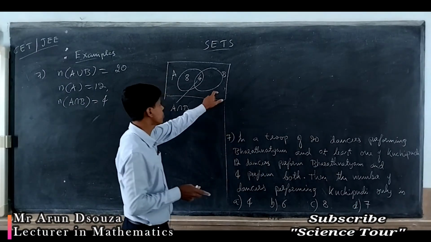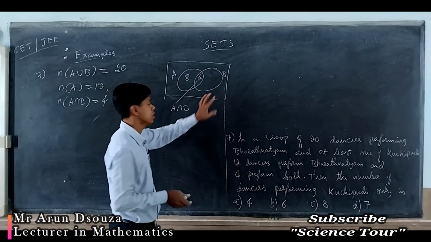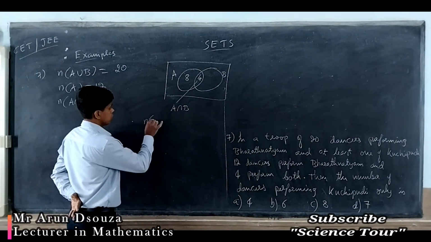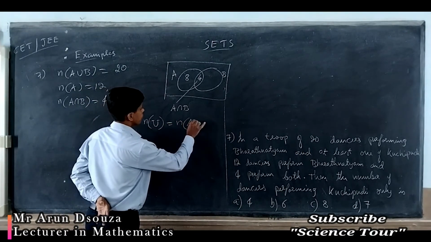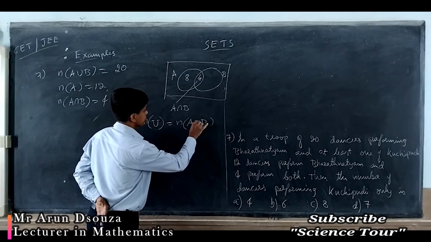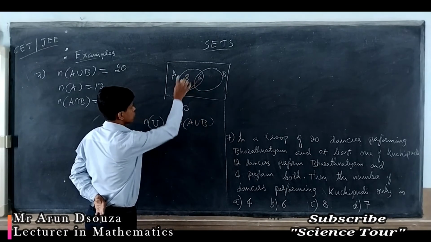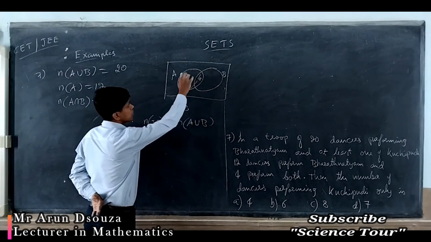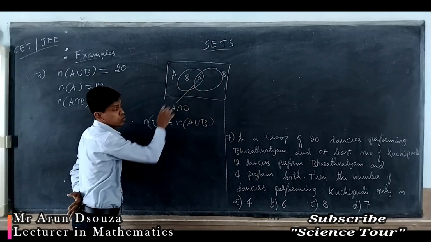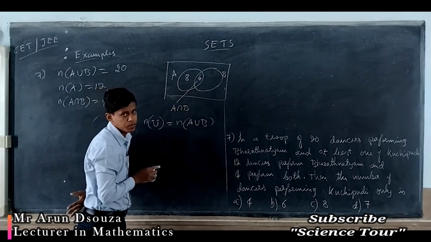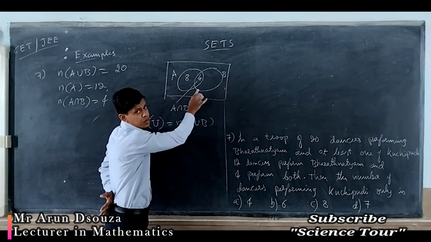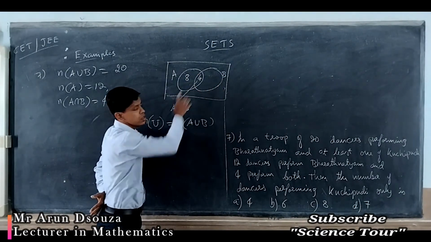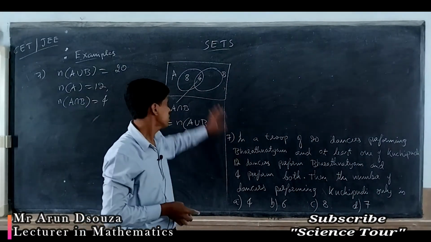That means there is no person outside; the universal set is equal to the union set. So all the dancers are here. They will perform at least one of them. Either he will be in the A circle or in the B circle or in the intersection. That means in A or B.